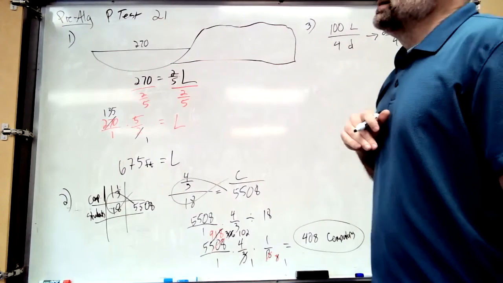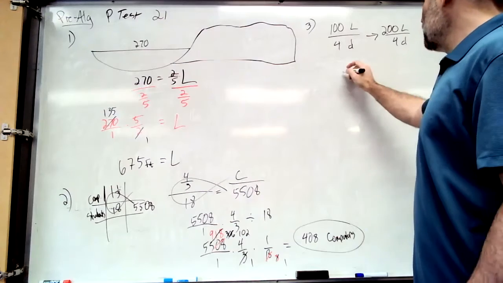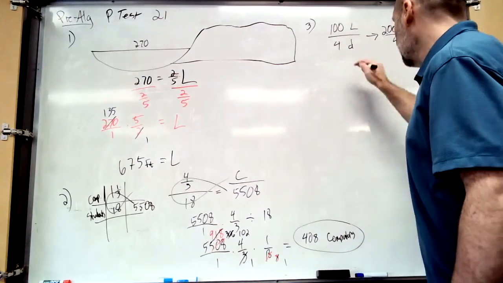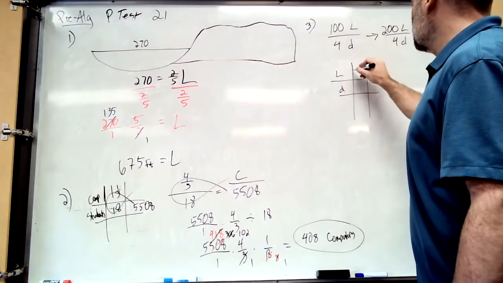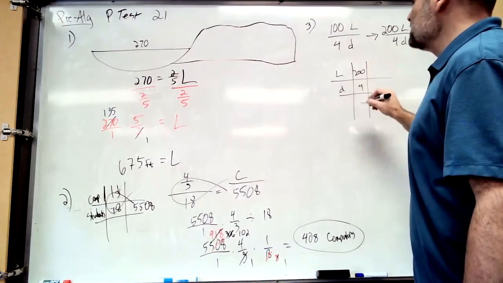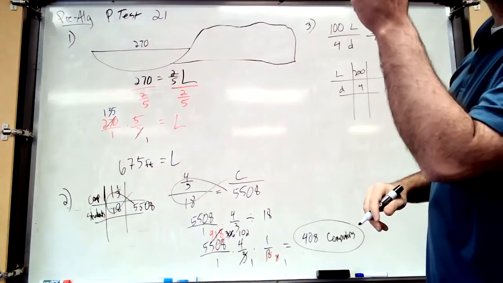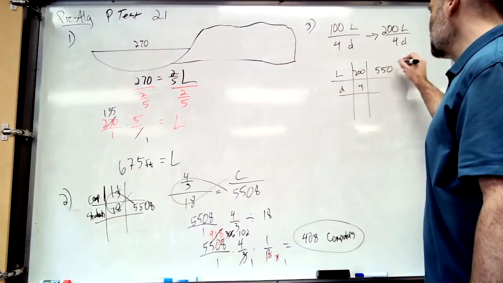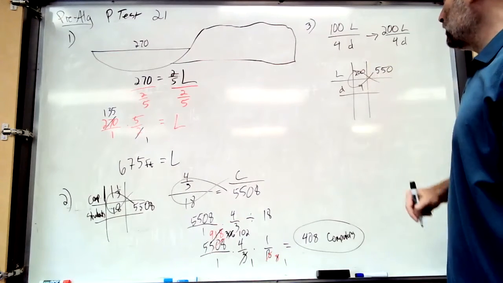Okay. How long will it take her to travel 550 leagues? So you could set up a proportion again. You could do leagues and days. So 200 leagues in 4 days. We want to know how many for 550 leagues. Okay, so there's our fish method. You can also reduce that to 50 over 1.